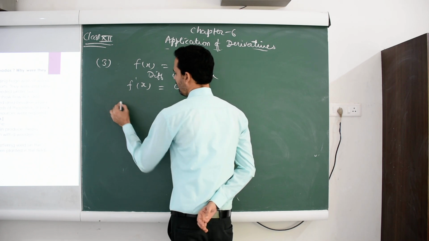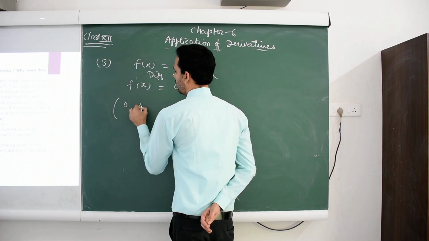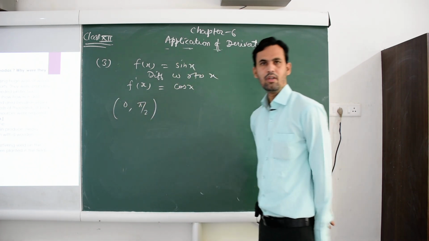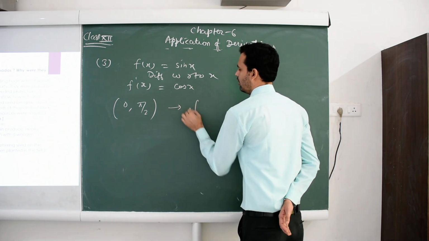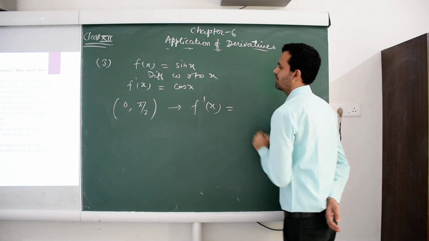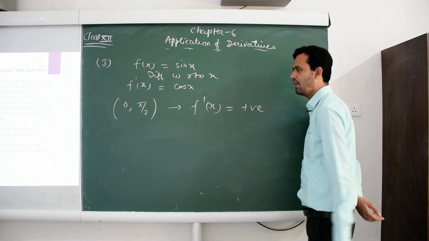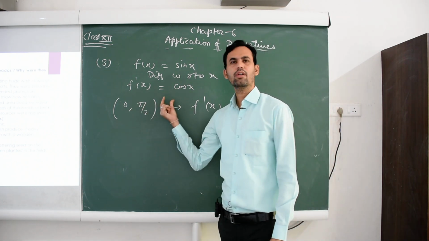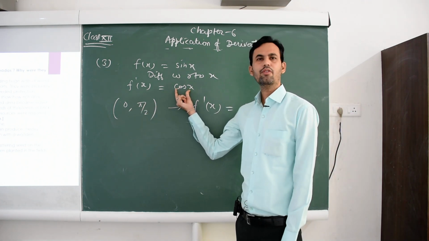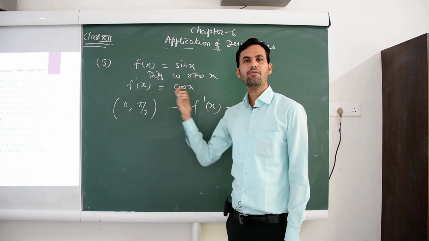Now we know that in 0 to pi by 2 the value of f dash x is positive. Why? Because from 0 to pi by 2 the value of cos x is positive in the first quadrant.